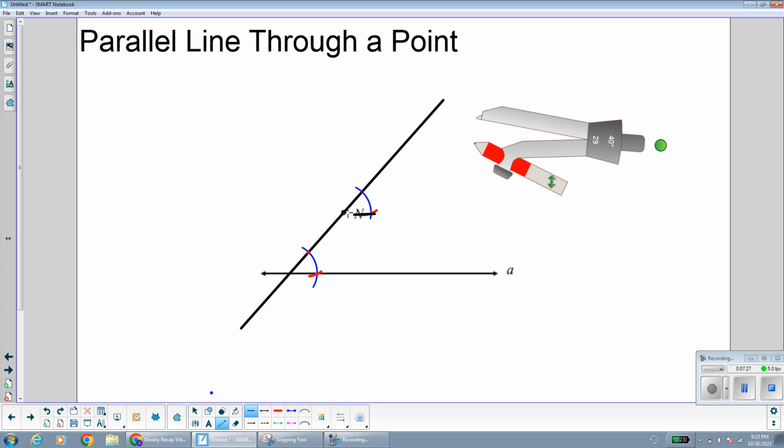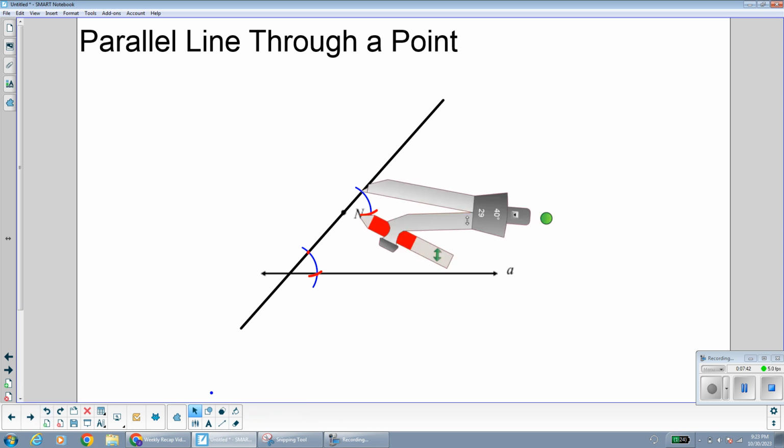And through that intersection point, oops, my straight edge on the computer is horrible. I'm going to try that once again. I think that got worse instead of better.